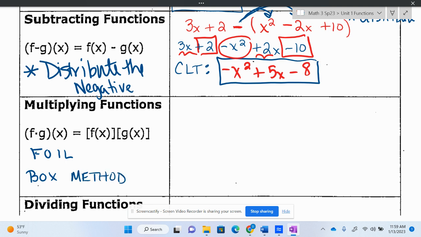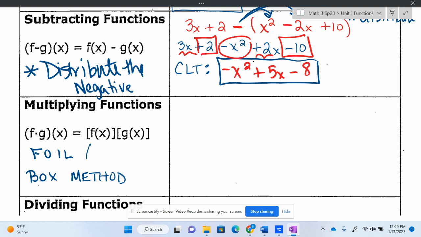We learned how to multiply polynomials using two different methods. When we have binomials, we FOIL. Do you guys remember what FOIL stands for? Not aluminum, right? First, last. Yeah, first, outside, inside, last. So we could FOIL, and that works when we have a binomial, right?